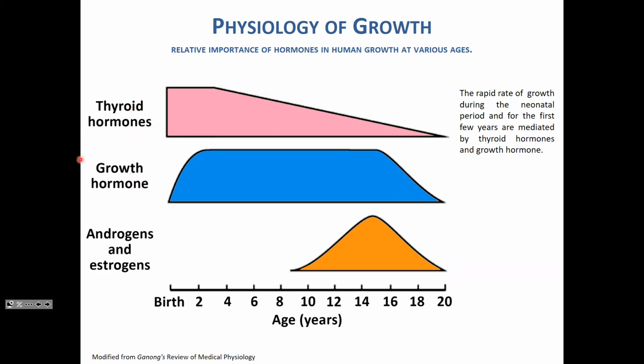Thyroid hormones actually stimulate the expression of growth hormone. Growth hormone is important until you reach about toddler age, and then it starts to decline. When you reach puberty, growth hormone, thyroid hormones, and the androgen hormones are responsible for the large growth during puberty.